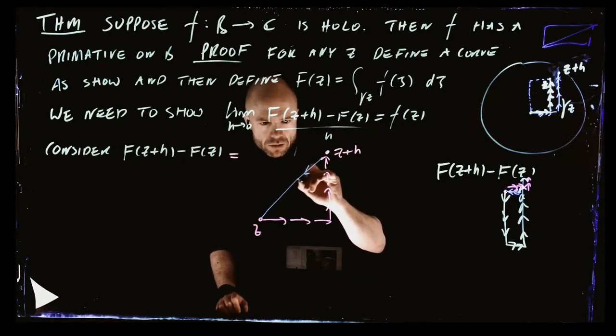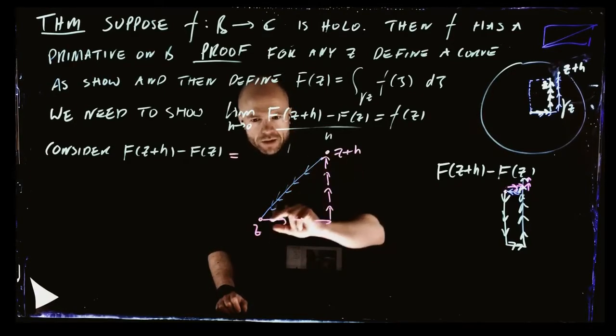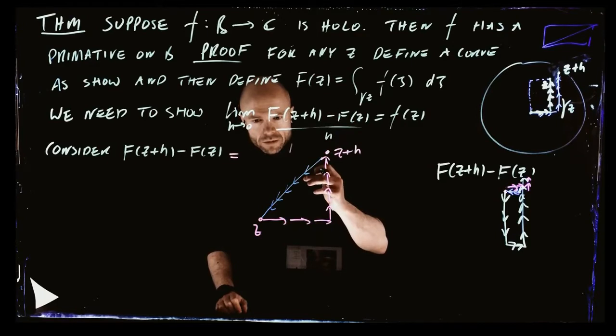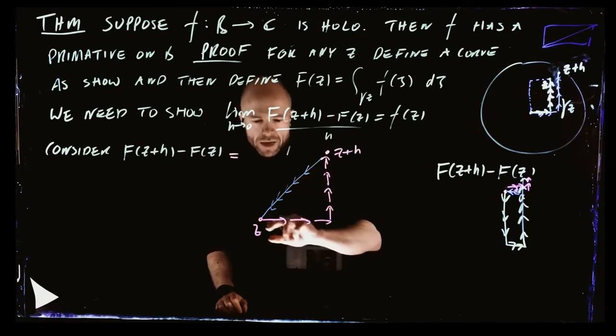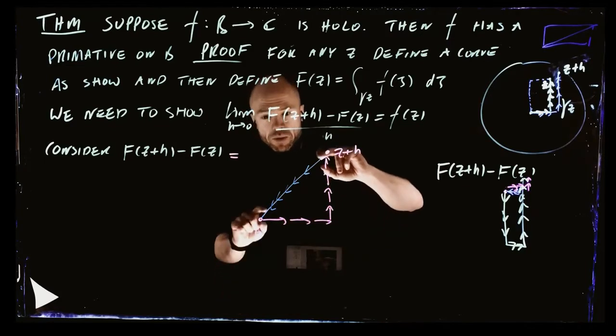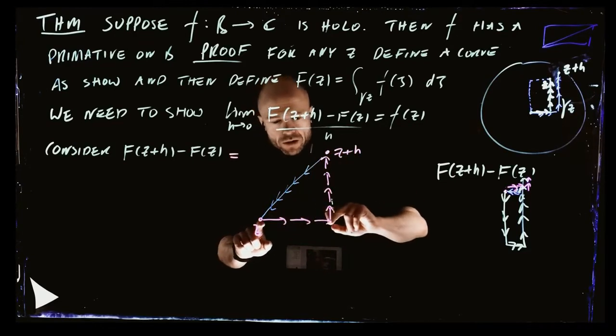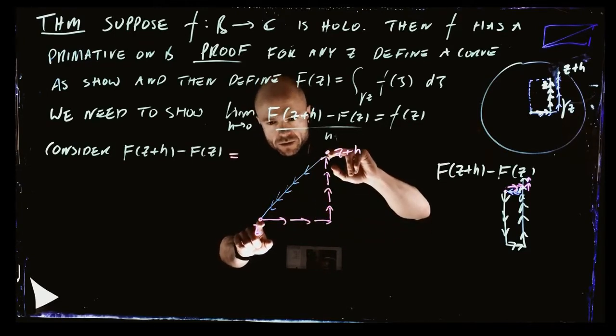If we go down like this, then integrating over this rectangle with little f gives us 0. That's Goursat's theorem. Which means that if we integrate like this, and then plus this blue side, it's equal to 0. Which means minus this blue side is the same as integrating across like this and then up like this.